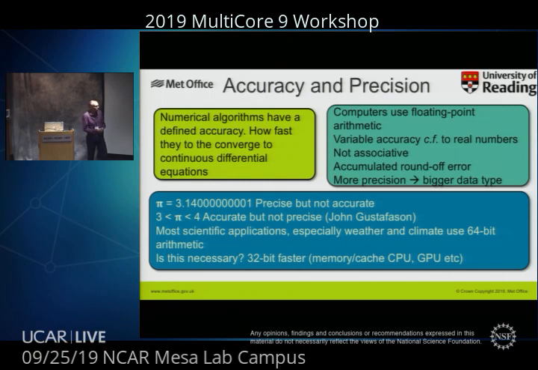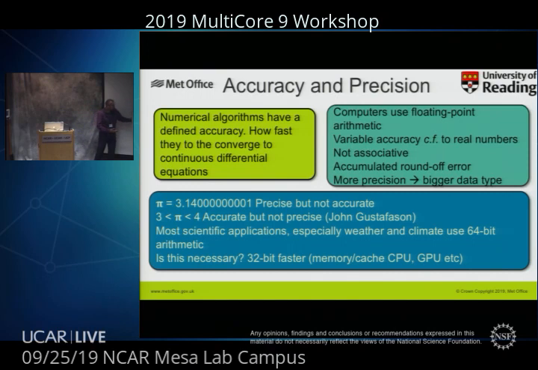They're not real numbers. They're not associative, and so you can have something called an accumulated round-off error. If you use a higher precision, you have a bigger data type, and that costs more energy and time to move around in the computer, although it might be more precise. But precision is not the same as accuracy.